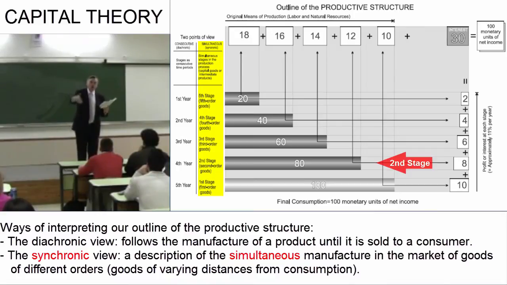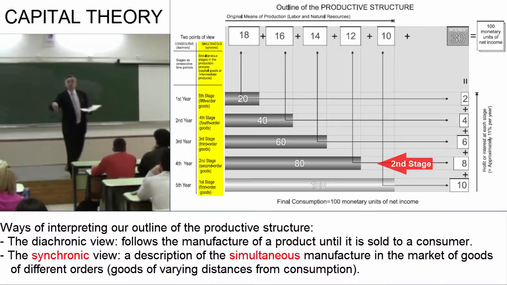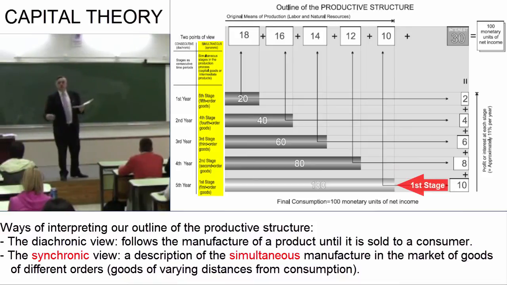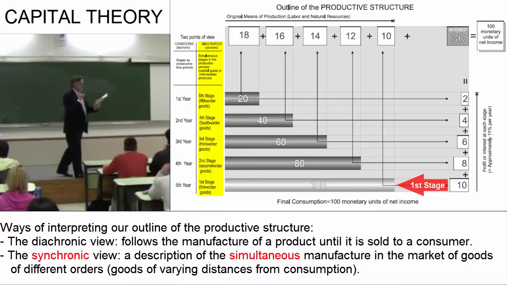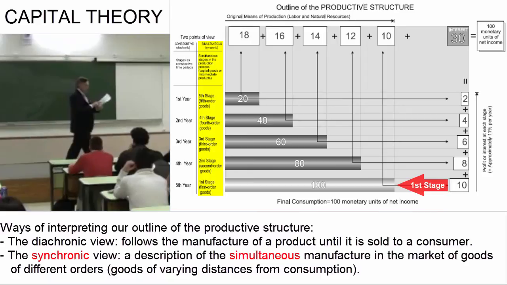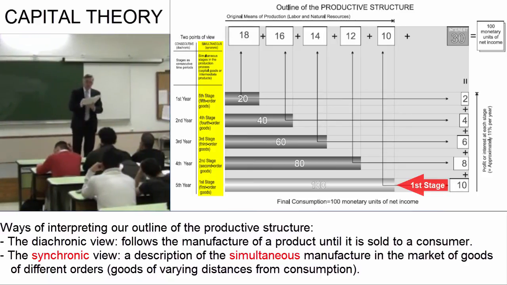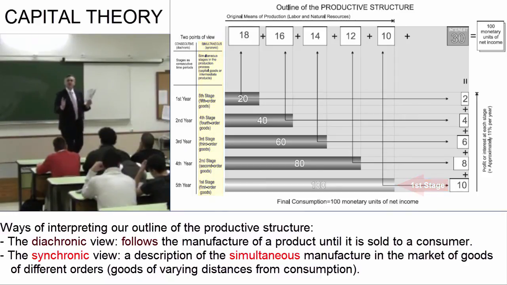And finally, today, a constellation of companies are also devoted to the 1st stage, the stage of 1st order economic goods, consumer goods, the stage which is in direct contact with customers. For instance, the Corte Inglés or the dealerships which sell the cars. Together they sell their products for a total of 100 monetary units. So, take note.